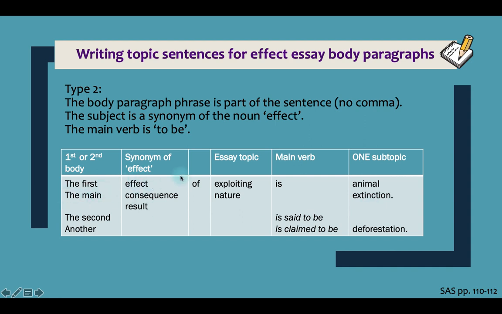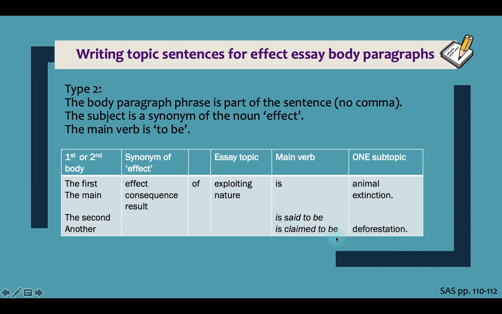The first effect of exploiting nature is animal extinction. Very simple sentence. And this will always be is, it will always be singular because we're only talking about one effect. The second result of exploiting nature is deforestation.